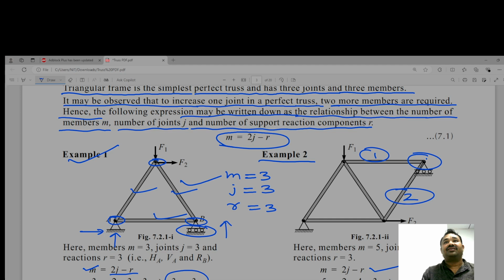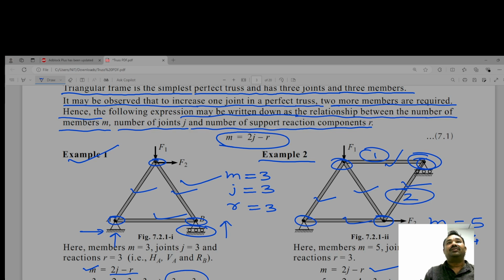M is equal to 1, 2, 3, 4, and 5. So 5 is here. And what about J? This one, this one, this one, and this one. So 4.